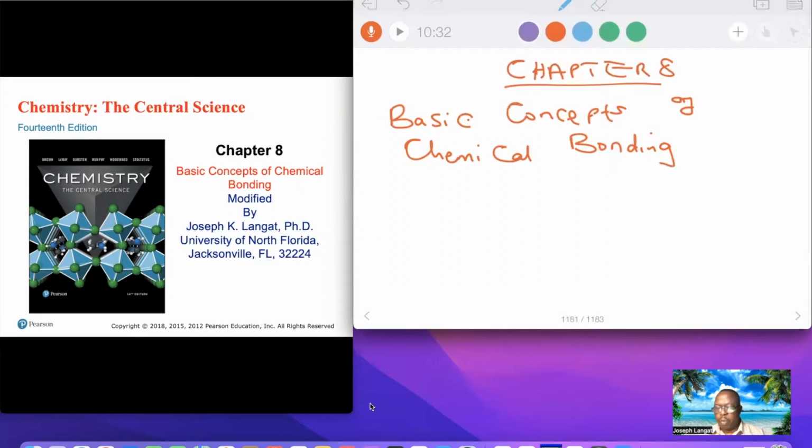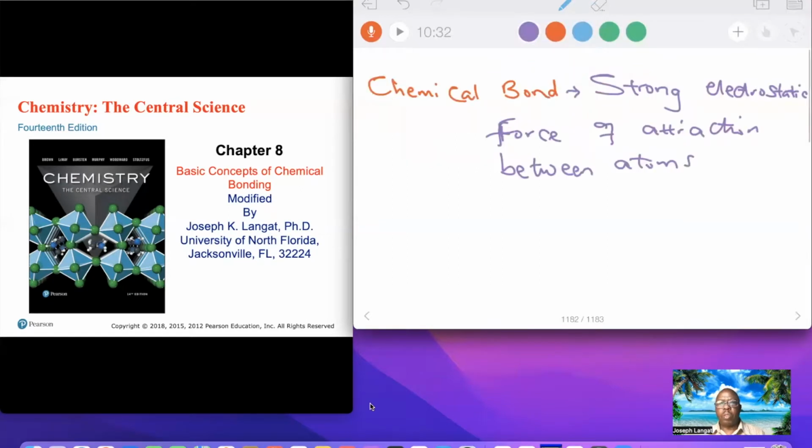First, before we look at the section for each part, we should be able to define a chemical bond. What is a chemical bond? A chemical bond is simply a strong electrostatic force of attraction between two atoms, what holds atoms together.